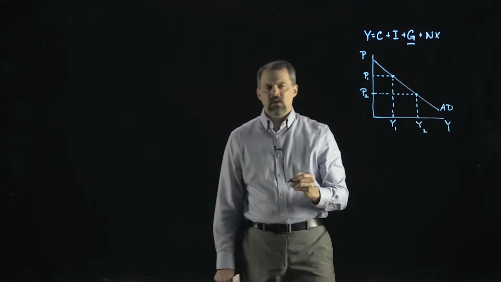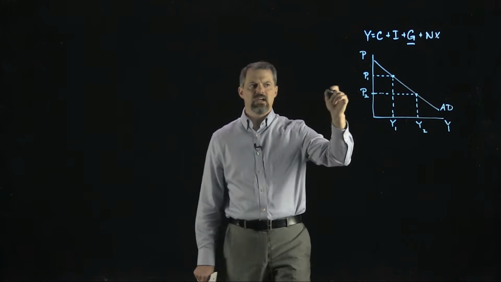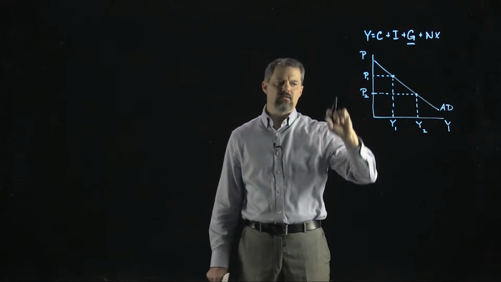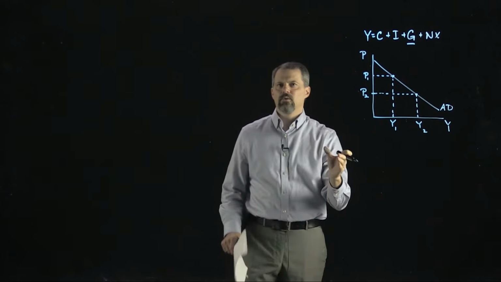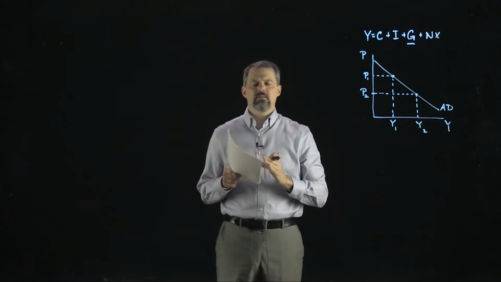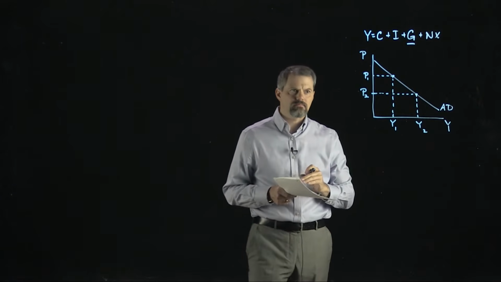Now, we talked in an earlier chapter about the fact that a change in a monetary variable in the long run doesn't affect a real variable. But keep in mind, throughout that chapter on aggregate demand and aggregate supply, we were thinking about this as a short-run model.